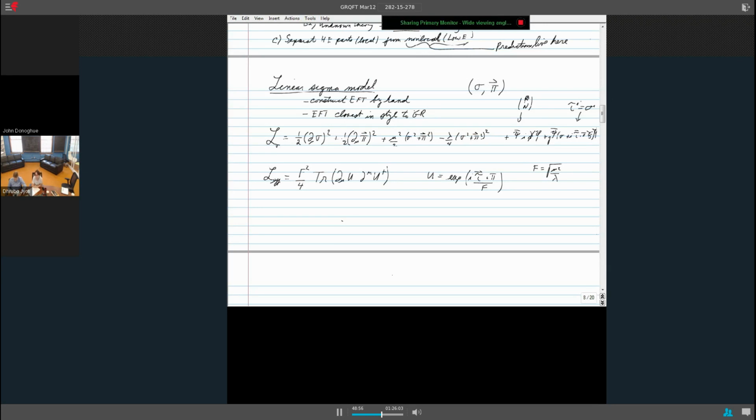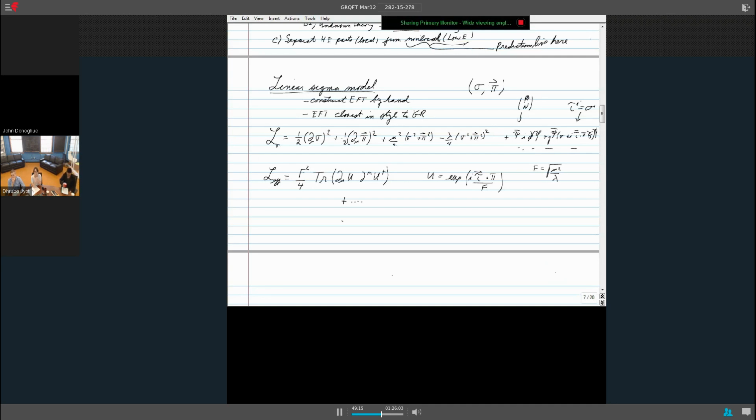The effective field theory that comes out of this is going to have f²/4 trace (∂_μ U dagger ∂^μ U). I've shown you this guy before.